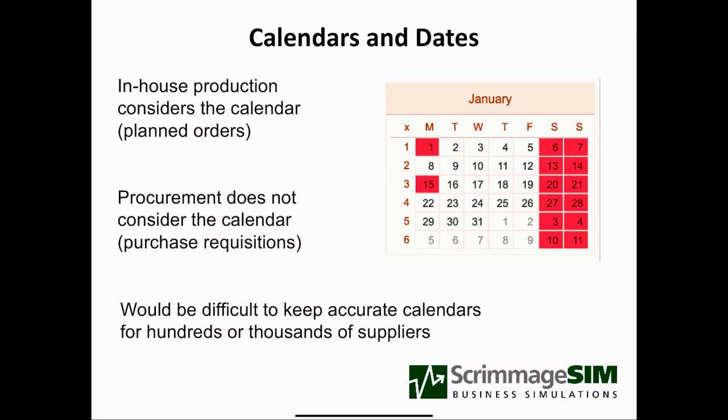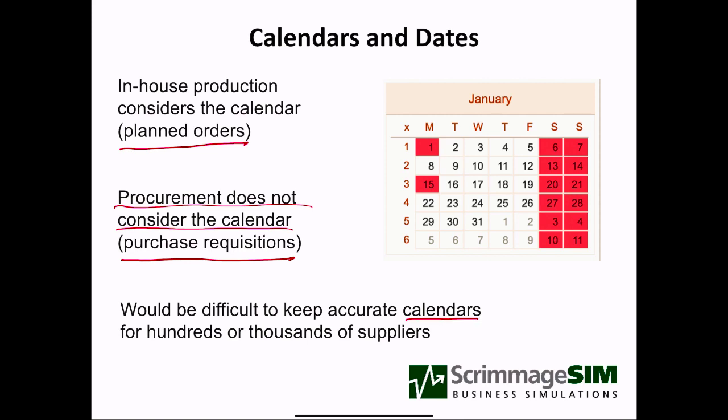In SAP, as well as a simulation, in-house production will consider the calendar for planned orders. In the SAP system and the simulation, procurement does not consider the calendar when calculating requirements or purchase requisitions. The reason this happens is that different suppliers have different calendars.